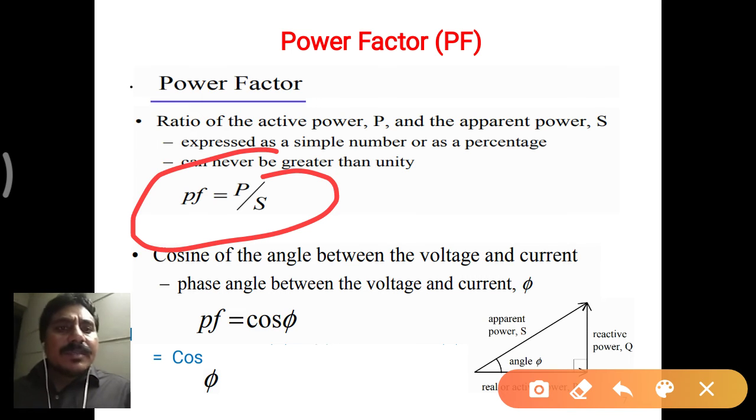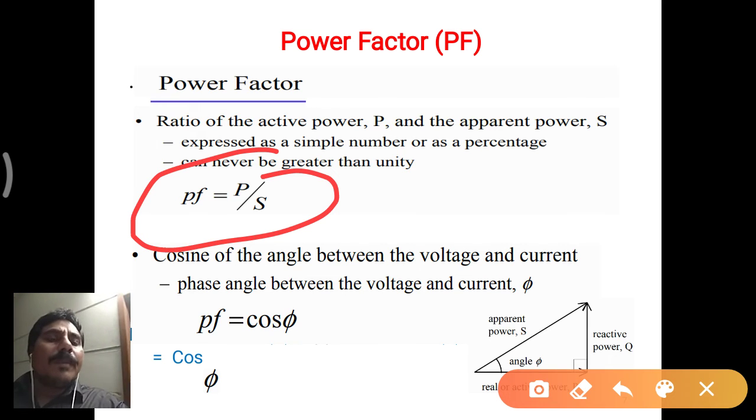In other terms, power factor is also defined as cos theta. Cos theta is the cosine of the angle between voltage and current, and that is defined as the power factor.